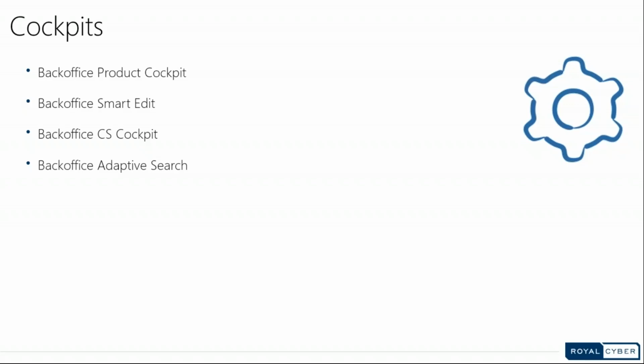These cockpits have different types. As you can see, you have the Backoffice product cockpit management, Backoffice SmartEdit, CS cockpit, and adaptive search. So basically, as I described earlier about the product cockpit, this cockpit module will have all the other cockpits.